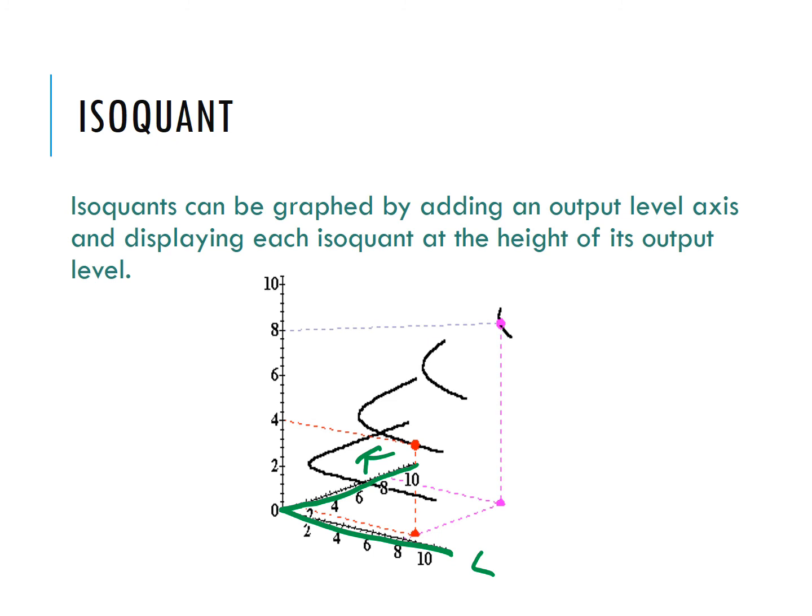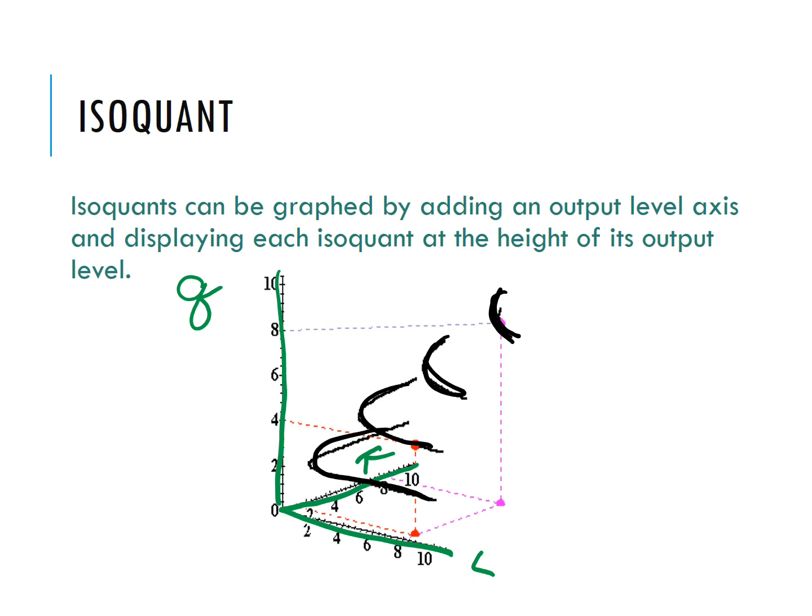And then this third axis is going to be the quantity. So the black curves are the isoquants. This is the highest quantity. And we can fill them in like we did before to get the production function instead of the utility function.